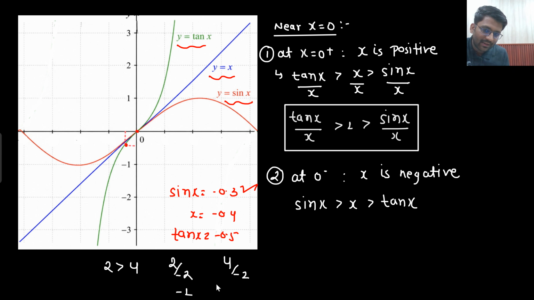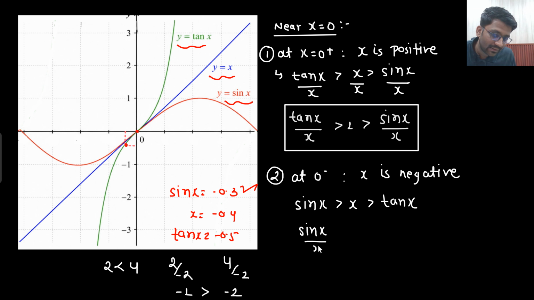Minus 1 is greater, no? When you divide by a negative value, the sign will change, because x is negative this time. I am dividing by x, but x is negative this time.